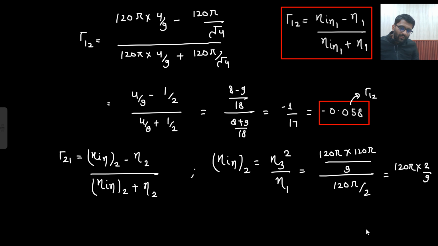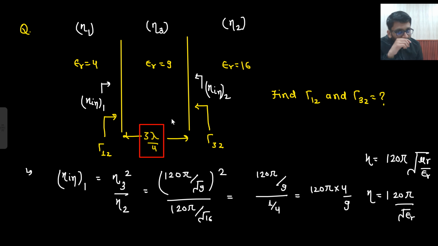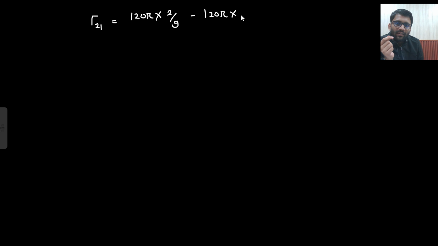Here, if you put the values in the formula, for gamma 2 1, what are you getting? 120 pi into 2 by 9 minus 120 pi into... what is neta 2 here? Neta 2 is 120 pi divided by 4, right? 120 pi divided by under root 16, you can write.